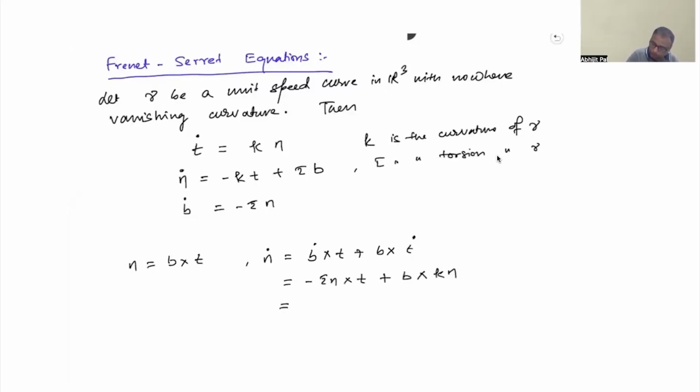So this is minus tau times B plus k times minus the unit tangent vector T. Therefore, this will be equal to minus k T plus tau B.